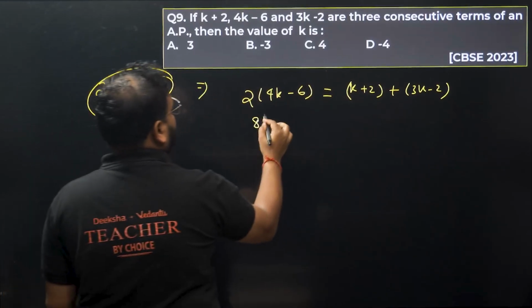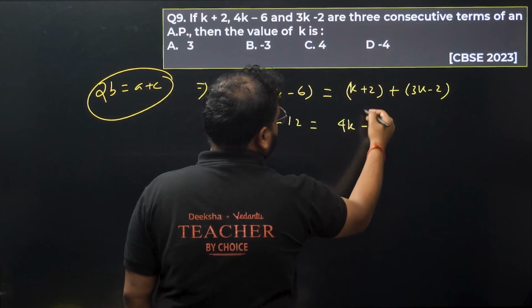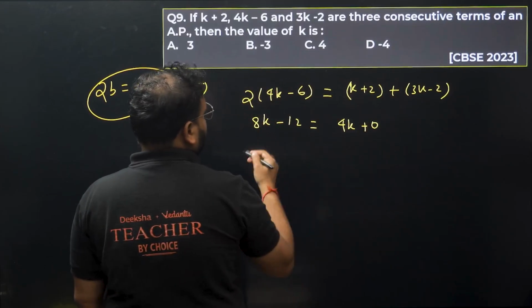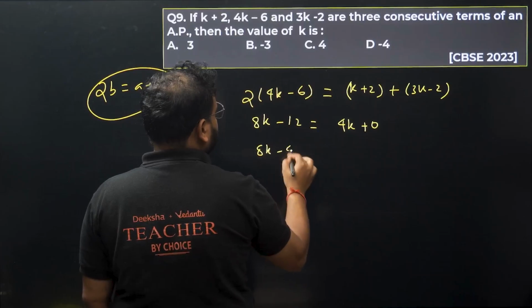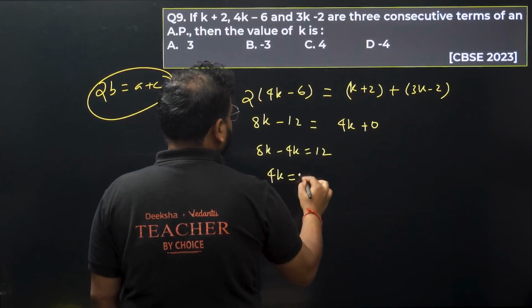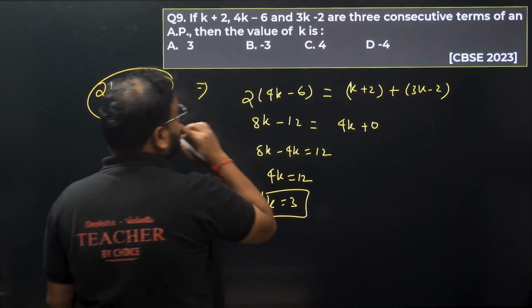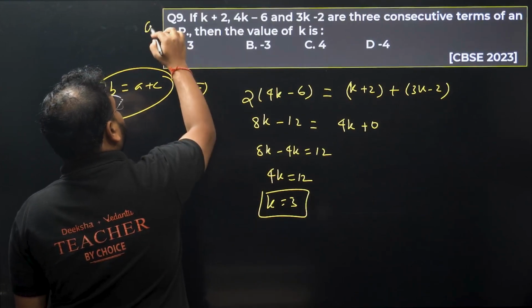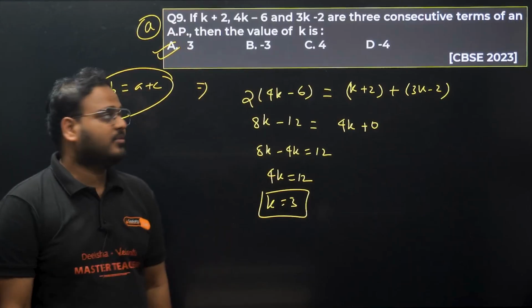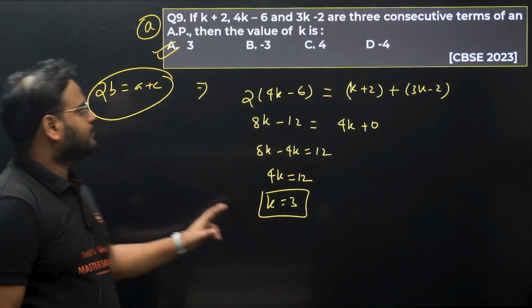I have 8k minus 12 equals 4k. Bring this over here and there. I get 8k minus 4k equals 12, which gives me 4k is 12. Hence k value is 3. Option A is correct. They are asking us the value of k, right? Coming out as 3. Simple problem.